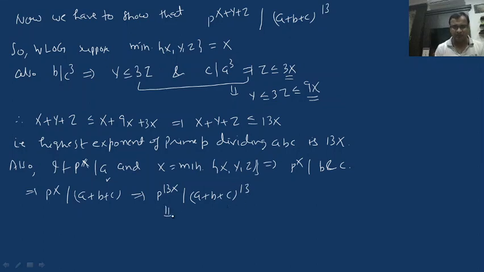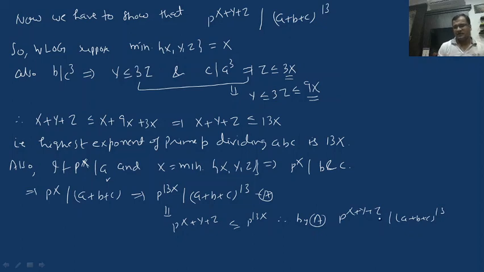But P to the power X plus Y plus Z is actually less than or equal to P to the power 13X, and P to the power 13X divides this one. Therefore we can write P to the power X plus Y plus Z divides A plus B plus C raised to the power 13.